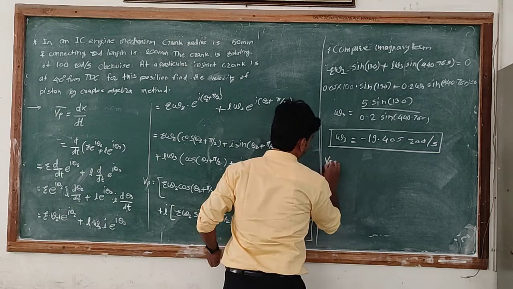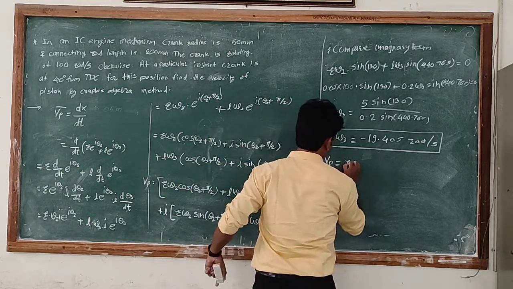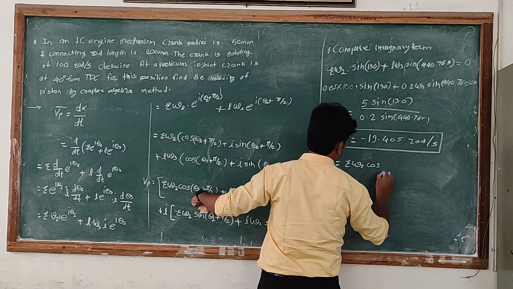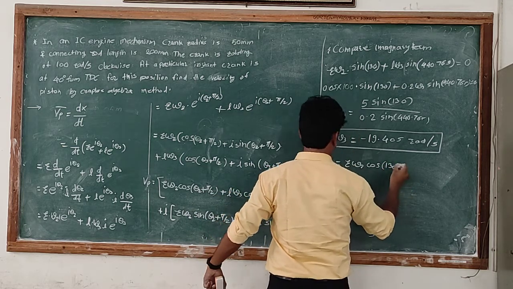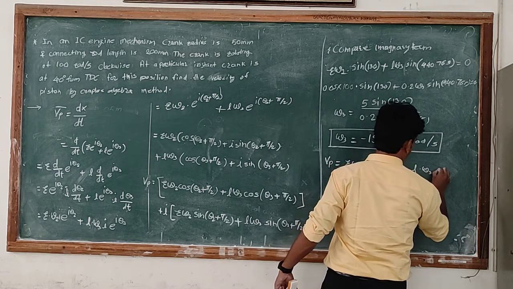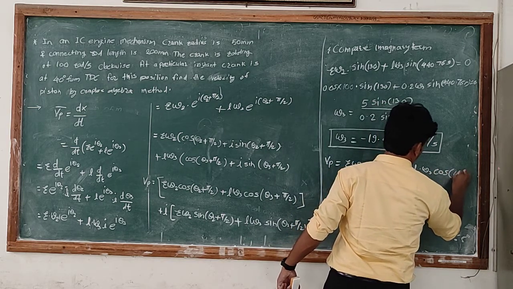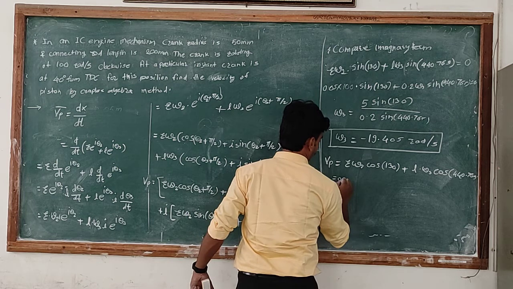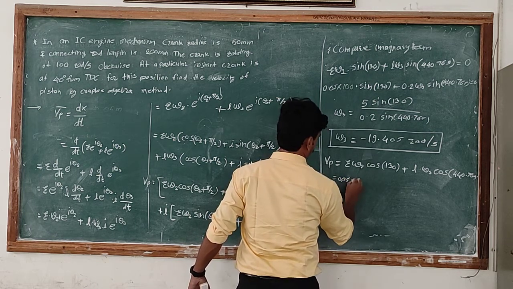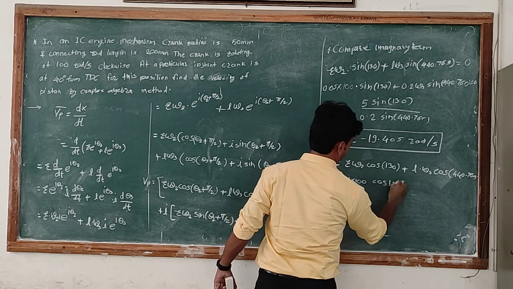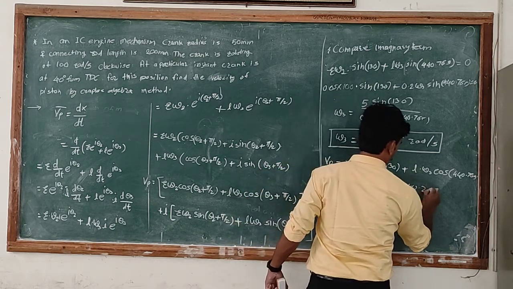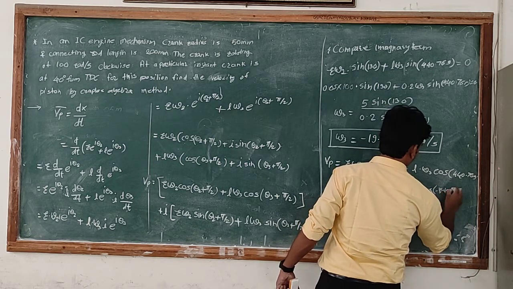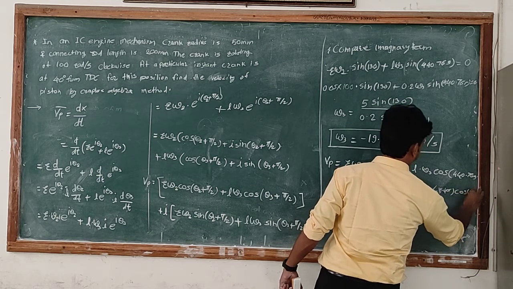This real term is equal to the velocity of the piston. Therefore, Vp, the velocity of the piston, is equal to r into omega 2 into cos of 130 plus L into omega 3 into cos of 440.765. r is 0.05 into 100 into cos of 130 plus 0.2 into omega 3, which is minus 19.405, into cos of 440.765.